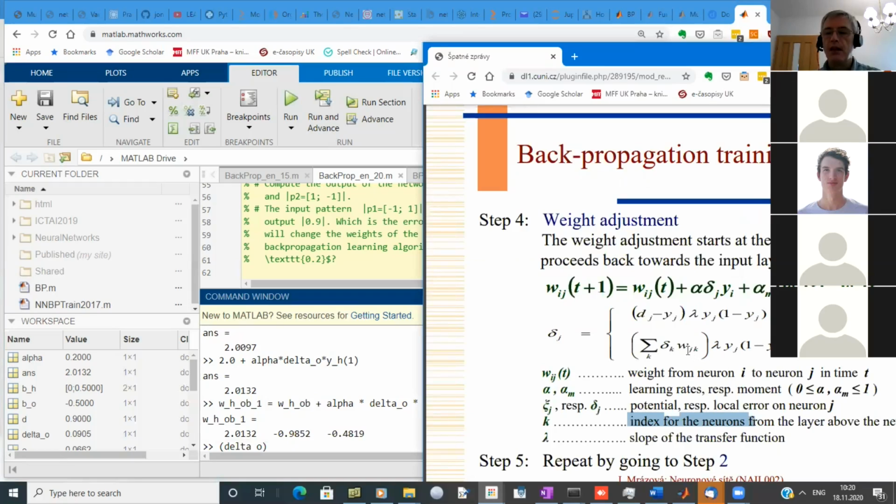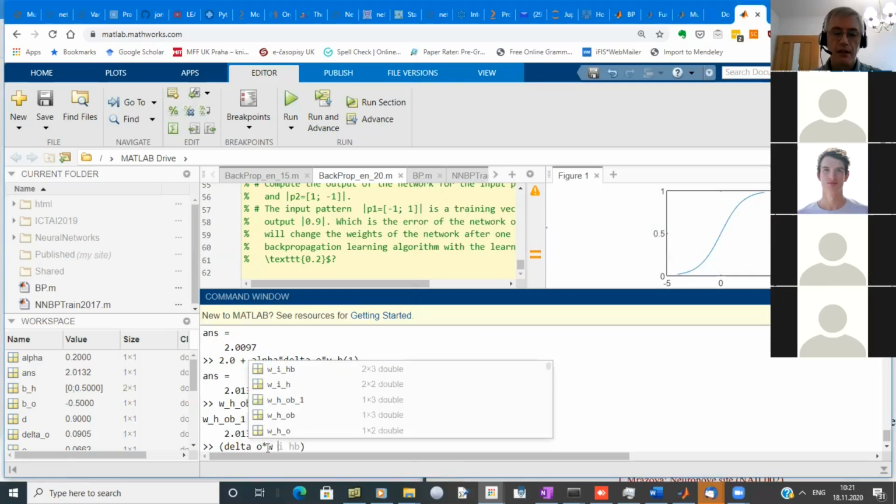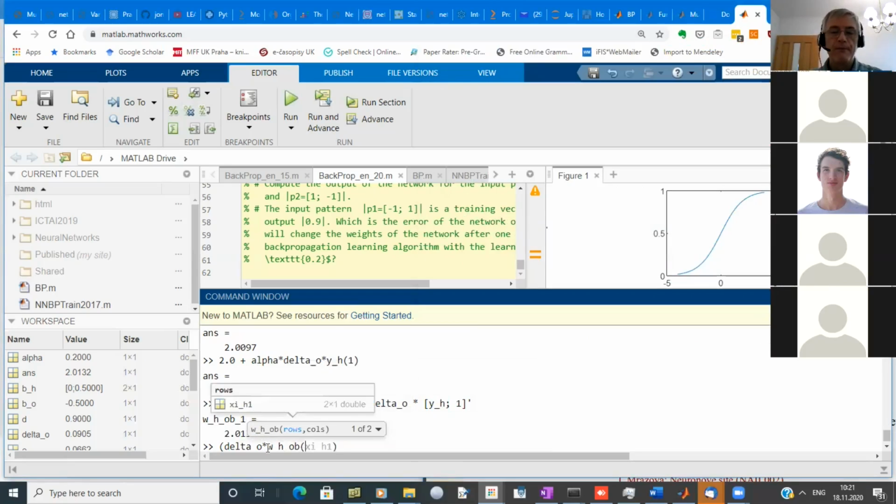So, as I said, let us compute for the second hidden neuron. What is the weight from the second hidden neuron to the output neuron? Here I must multiply the value of the weight from hidden to output with which one?